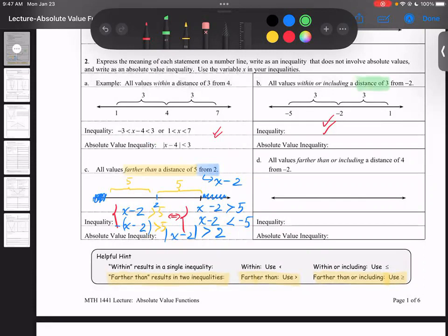Distance of 5, yeah, but I put it outside. Absolute value of x minus 2 greater than 2. It's not greater than 5. Oh, 5. Sorry. I thought I did put 5. Thank you very much. Did I say 5 or 2? Okay, sorry about that. Yeah, 5.